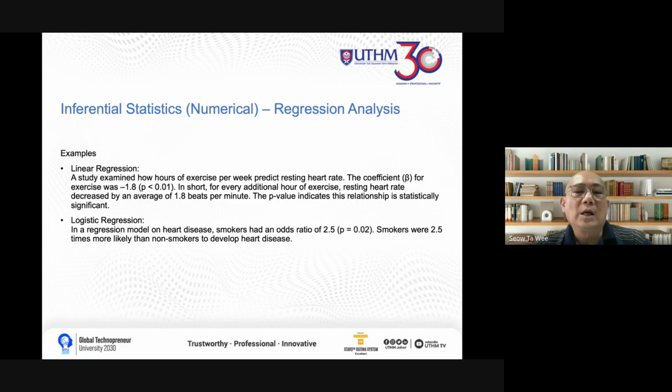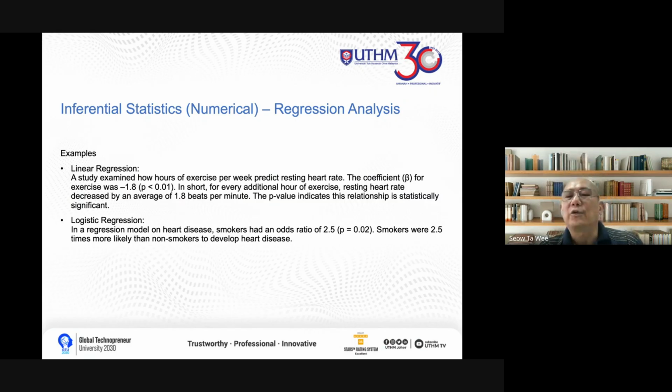Logistic regression is a regression model, for example on heart disease and smoking, that has an odds ratio of 2.5 with a p-value of 0.02. Smokers were 2.5 times more likely than non-smokers to develop heart disease.